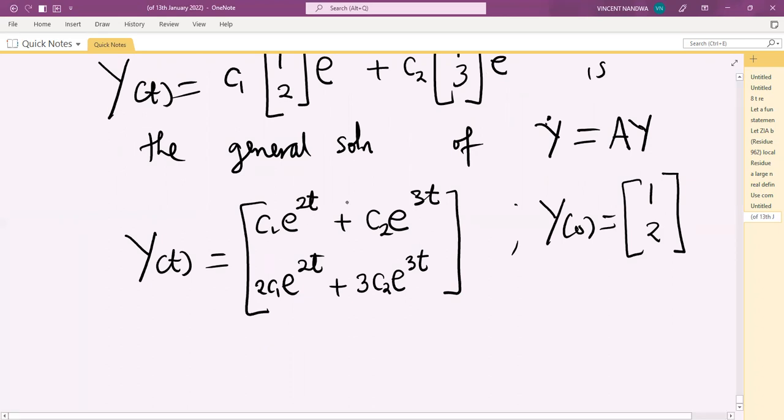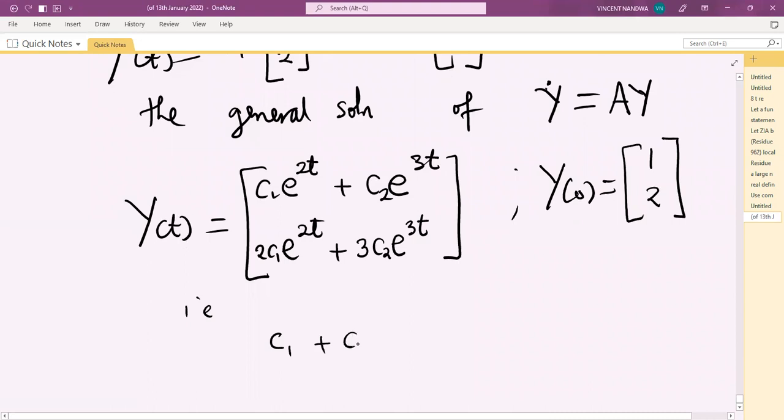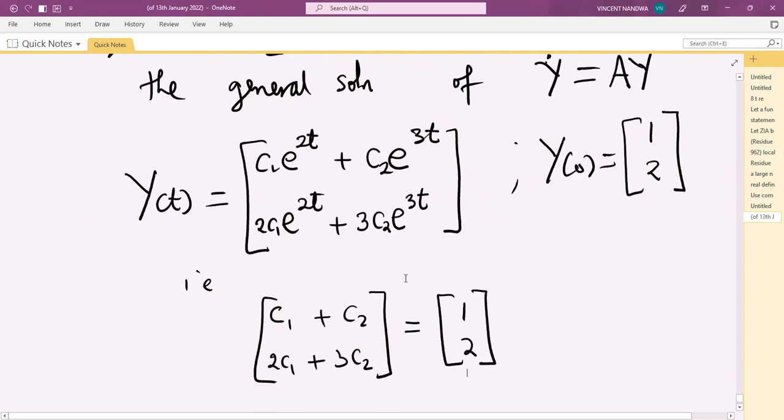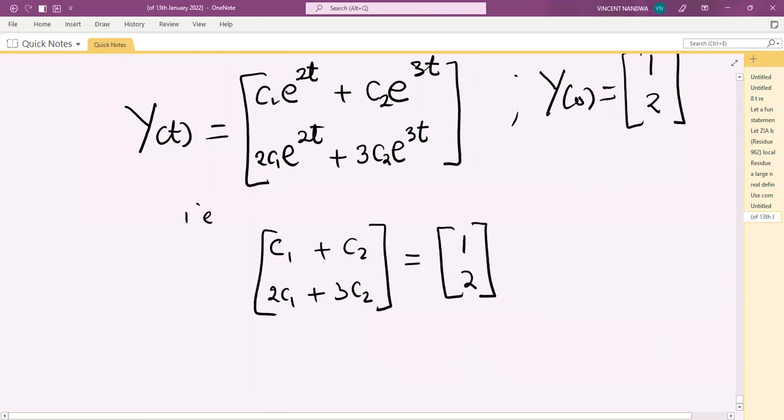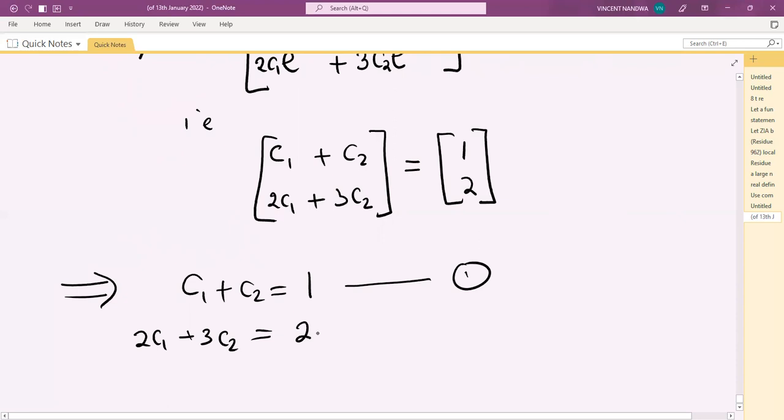So when you put t as 0, we'll have [C1 plus C2; 2C1 plus 3C2] should give us this vector [1; 2], from which it implies that C1 plus C2 is 1, call it equation 1, 2C1 plus 3C2 is equals to 2, call it 2.